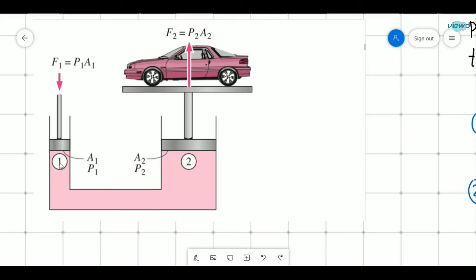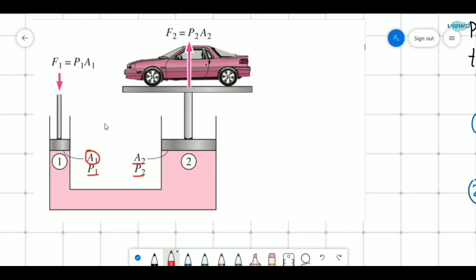Let us see now. Here the application area is A1 and the pressure is P1 due to force application. The area here is A2 and the pressure is P2, so that this F2 weight is lifted up.